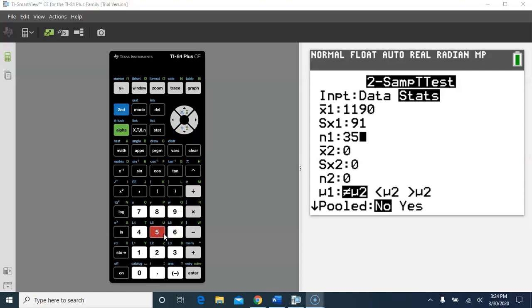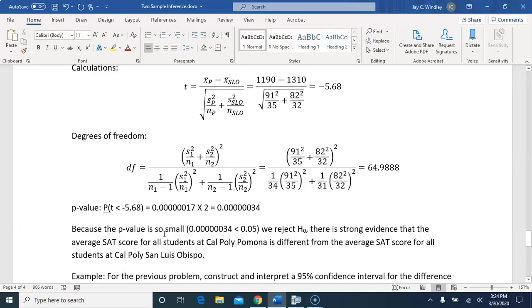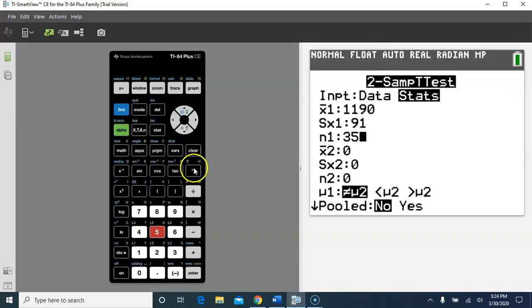Let me just double check those numbers. And then we're going to enter our x bar for the Cal Poly San Luis Obispo sample and that standard deviation and that sample size.